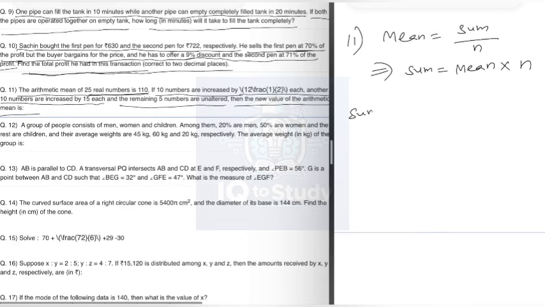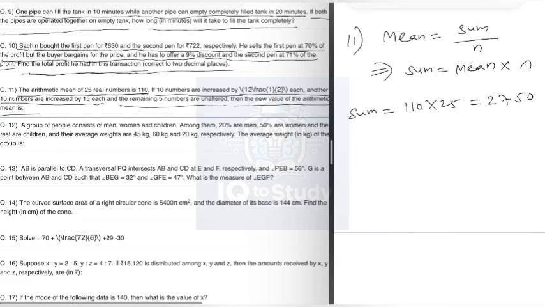We know that mean is equal to sum by n, which implies sum is equal to mean into n. Given arithmetic mean of 25 real numbers is 110. So its sum becomes 110 into 25, which is equal to 2750.